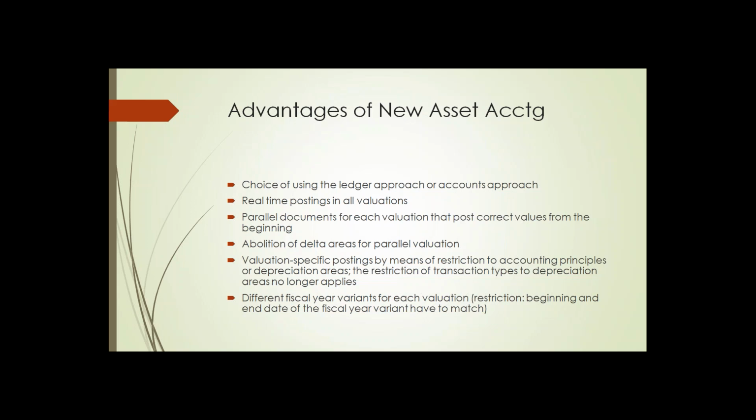For example, if I want to perform an asset related transaction, I can just select that I want to perform this transaction only to ledger 0L or only to the depreciation area 01. So I don't need to control ledger specific postings through transaction type. Rather, I can find the ledger field available in my postings. This is exactly what I mean to say with this line.